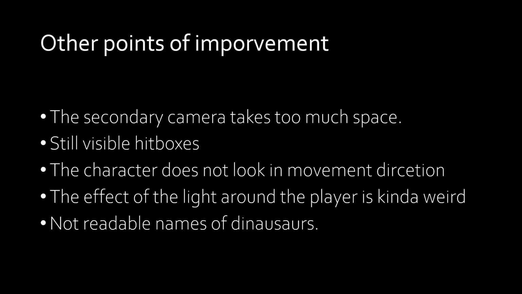And also another thing is the fact that there are the names of the dinosaurs on every item, but they're not readable for the moment. So for the moment it does not help the player. It's just disturbing because he has to focus like 7 or 8 seconds to understand what the name of the dinosaur is, and so it's a really big loss of time.